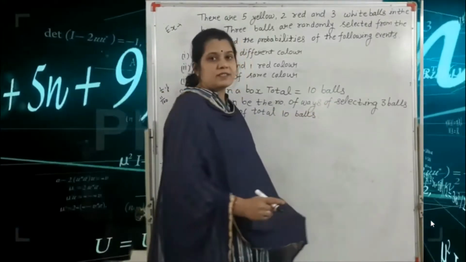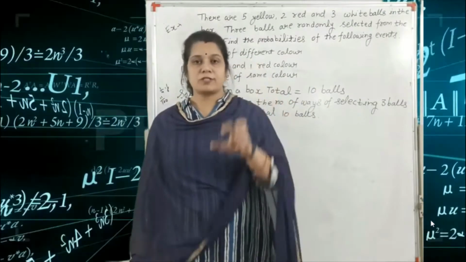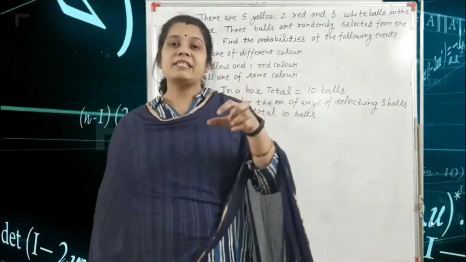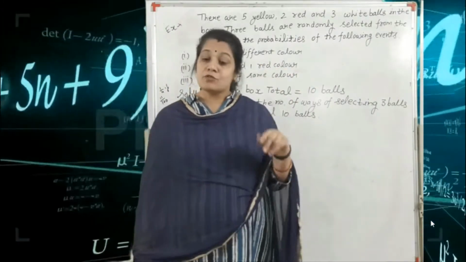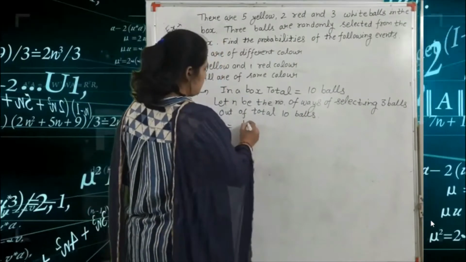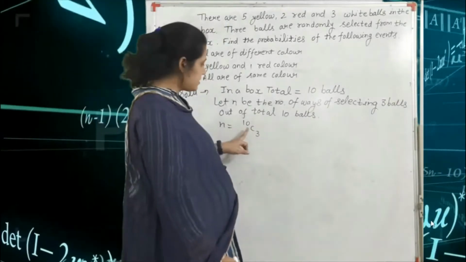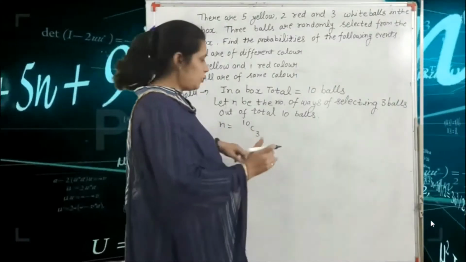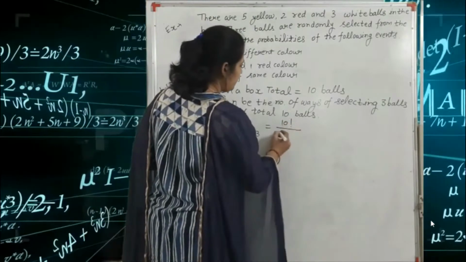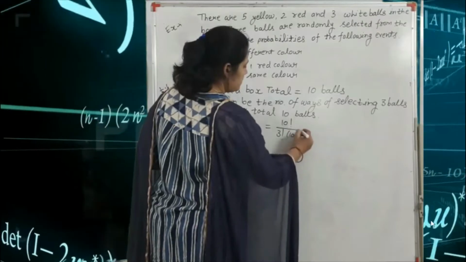First we find the total exhaustive events or total possibilities. That means we have the total 10 balls and we randomly select 3 balls. So n is equal to 10C3, because we have total 10 balls and select 3 balls. Solve this step: factorial 10 over factorial 3 and factorial 10 minus 3, that means factorial 7.